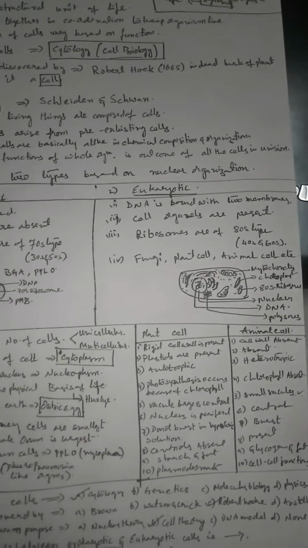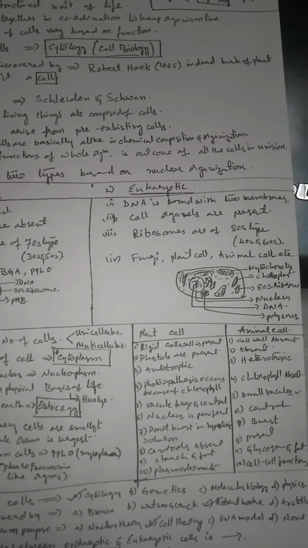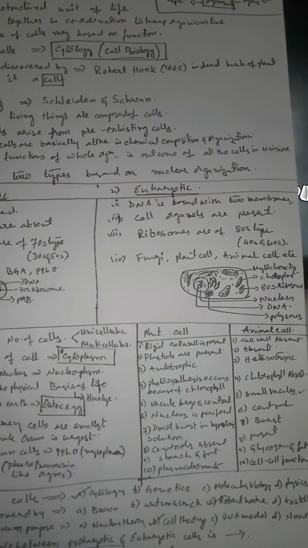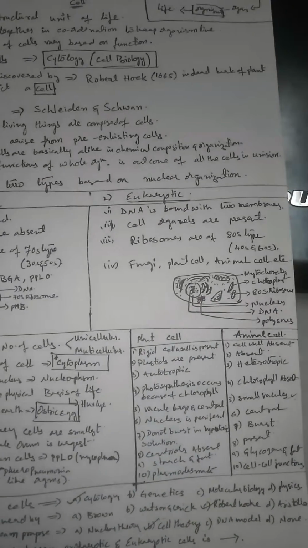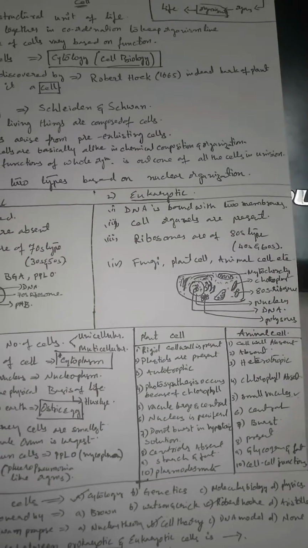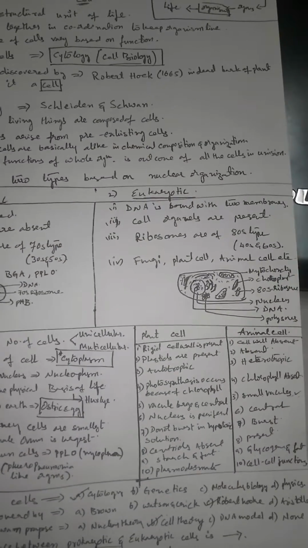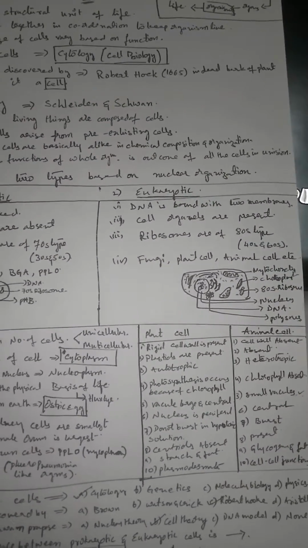Plastids are present in plant cells, and in animal cells plastids are absent. Plant cells are autotrophic in nature and animal cells are heterotrophic in nature. Photosynthesis occurs in plant cells only because of the presence of chlorophyll pigment. That is why they are autotrophic in nature. Chlorophyll is absent in animal cells. That is why they are heterotrophic in nature.